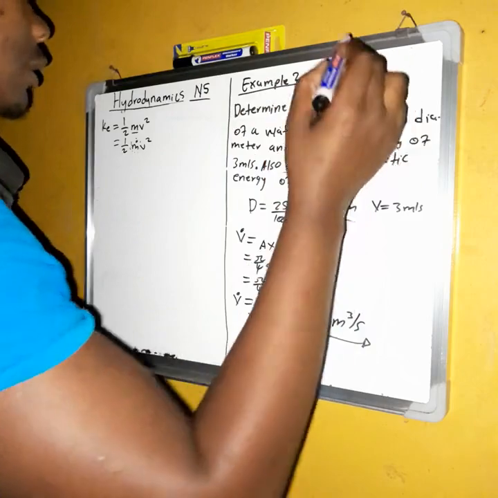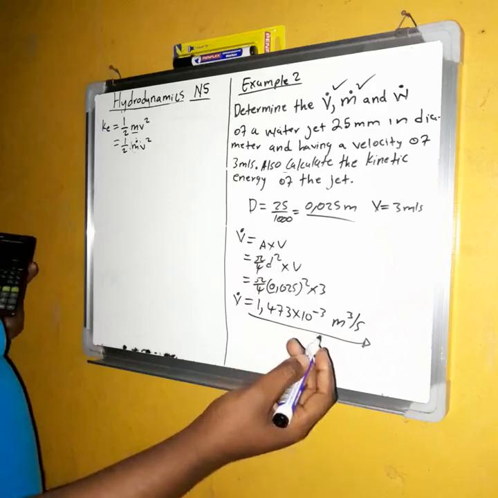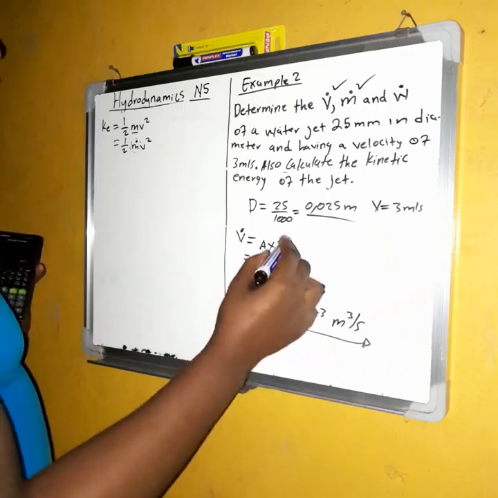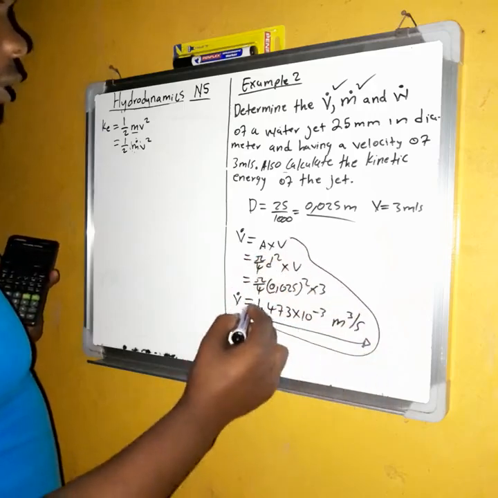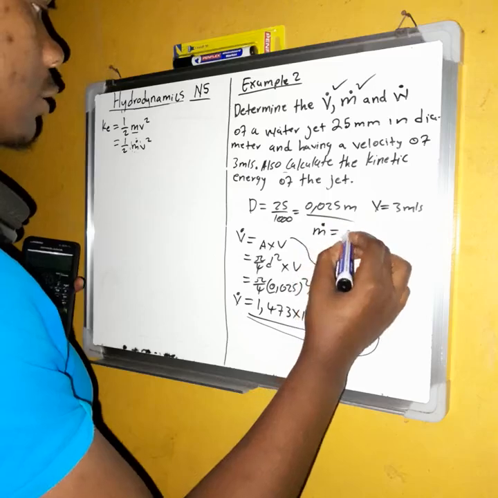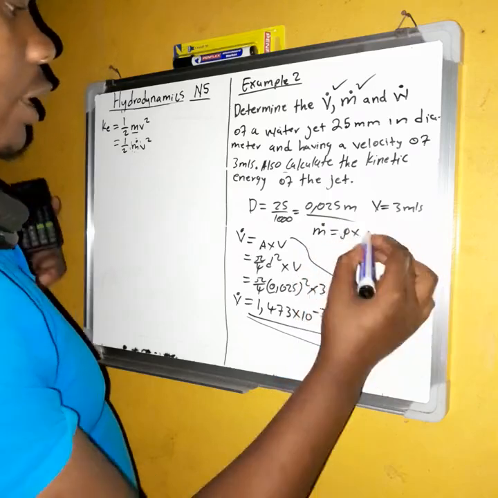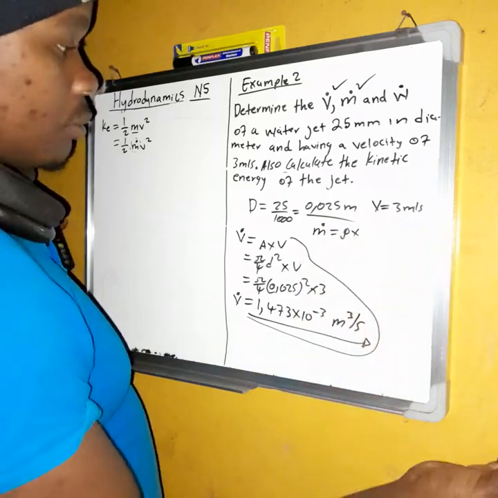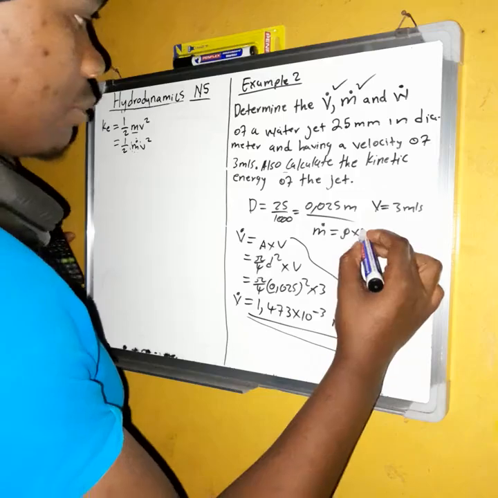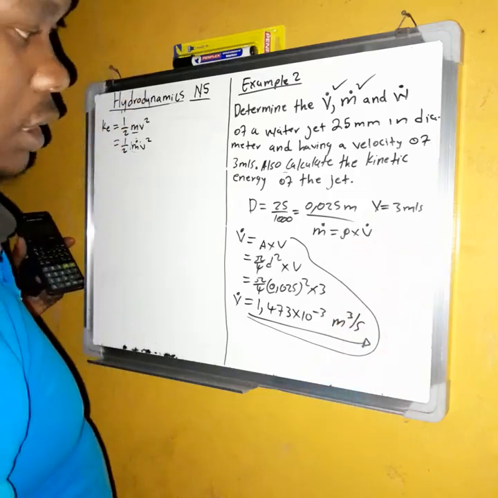Let's go to the second one, the mass flow. We know the mass flow must be equal to density multiplied by the flow rate.